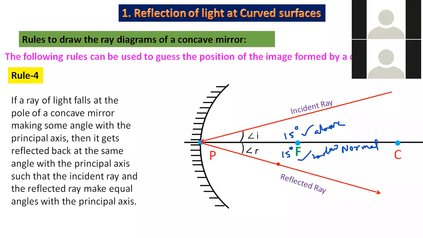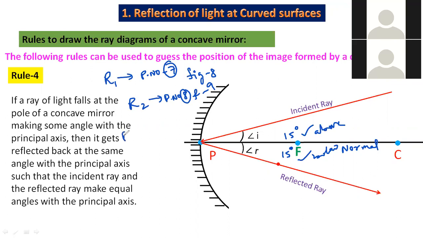So now I am writing the figure numbers on the screen for these rules, which you have in your textbook. R1 for the concave mirror is on page number 7, figure 8. Then R2 is given on page number 8, figure number 9.